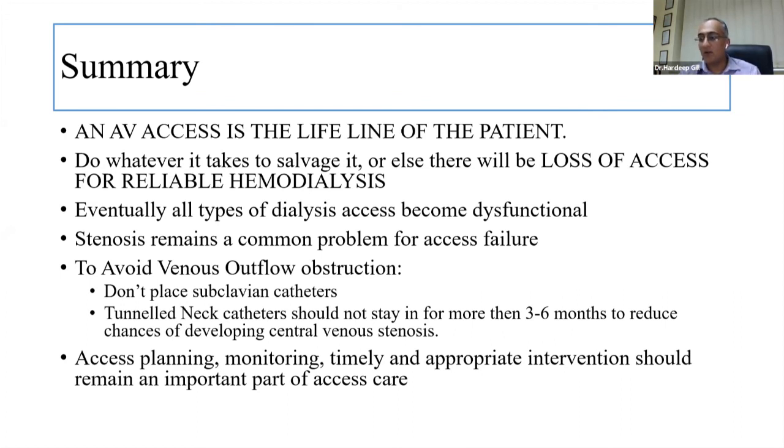If it doesn't resolve by itself, then you would have to do those surgical procedures that I mentioned, where you can reduce the size of the fistula by banding, or you can do a bypass to increase the blood flow into the hand. So you can do a bypass from the brachial artery to the radial artery. All those procedures that I mentioned previously.